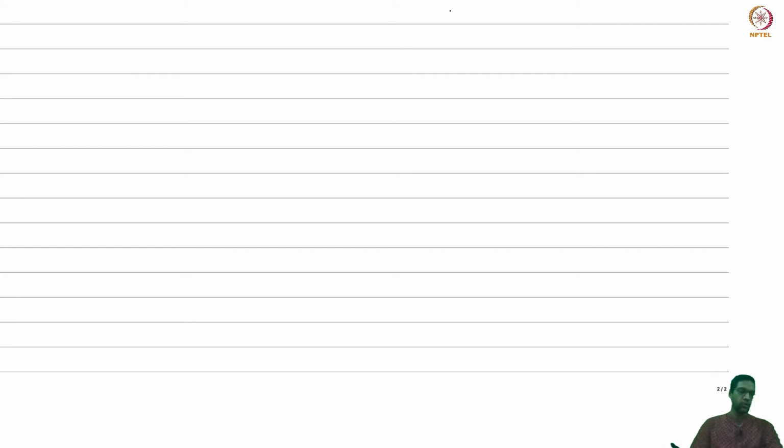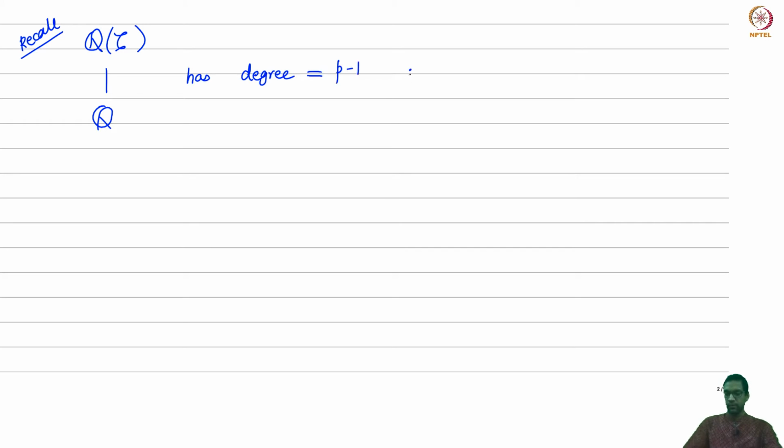Now of course I want to understand what the degree of this extension is. You have seen this before. This is what we call the cyclotomic extension, Q of zeta over Q, and observe this has degree equal to p minus 1, as you recall from your earlier lectures on cyclotomic extensions. And why was this?